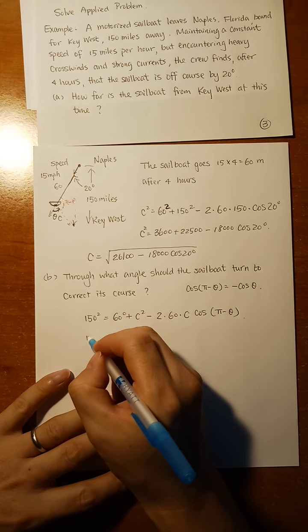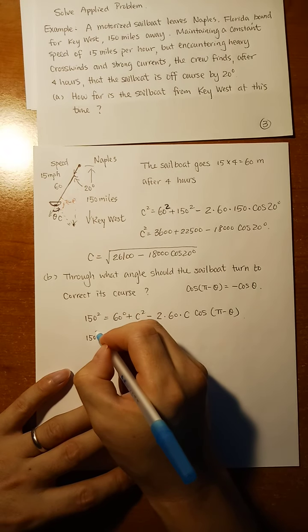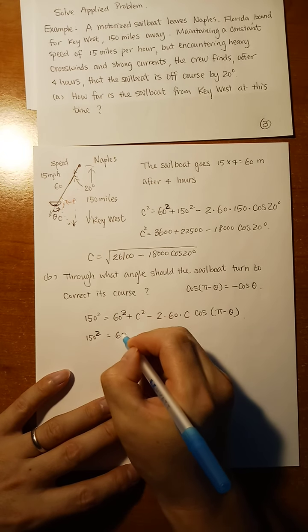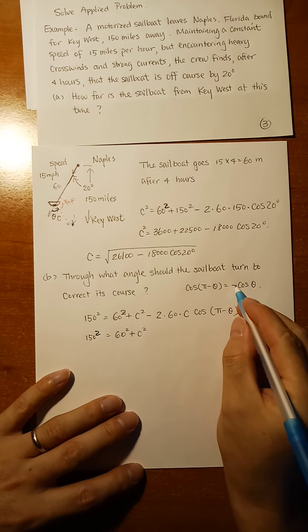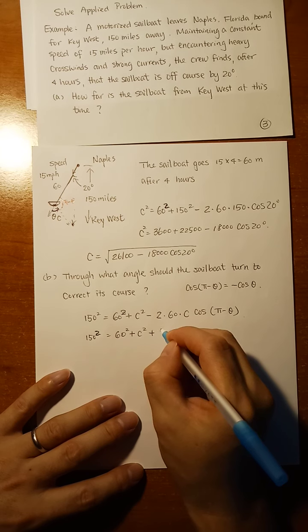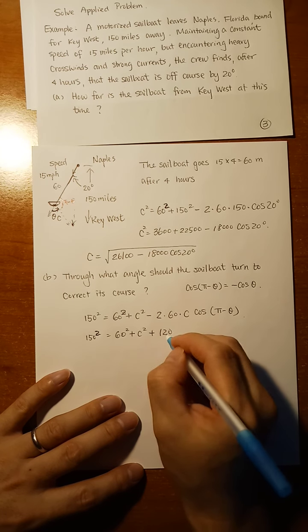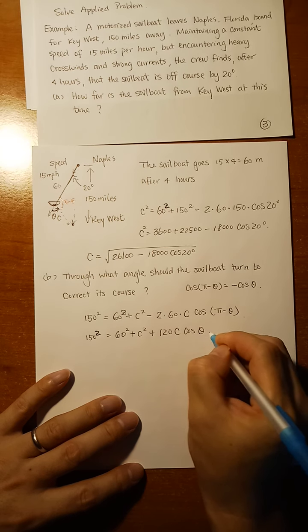So 150 squared is 60 squared plus C squared, and there's a minus sign that cancels with this minus sign. It's plus 2 times 60, 120 C, times cosine theta.